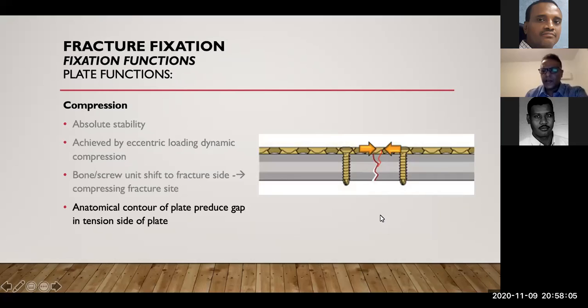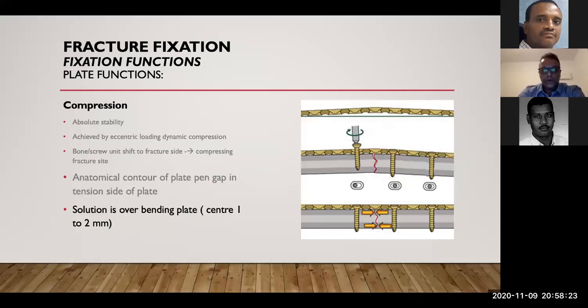However, there's a problem with this. When we compress the fracture normally, and the plate is anatomically contoured on the bone itself, there will be a gap in the tension side. And to guard against this, we can bend the plate about a millimeter or two in the center of the fracture.